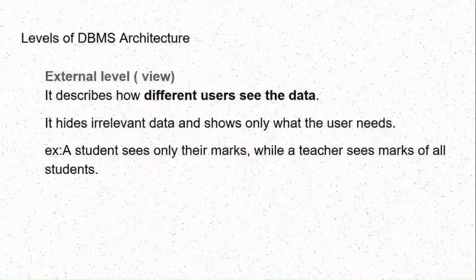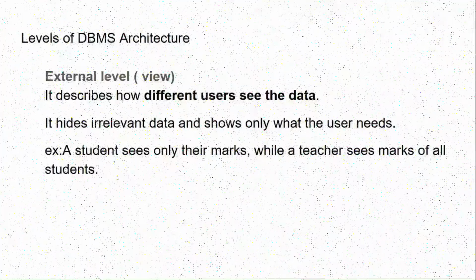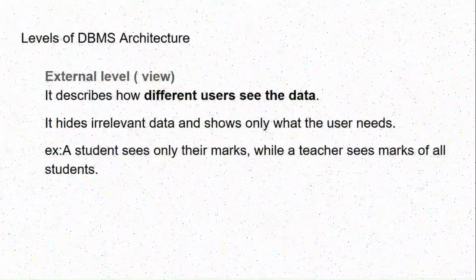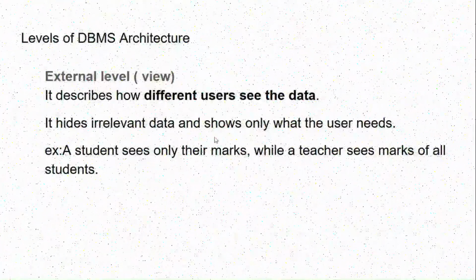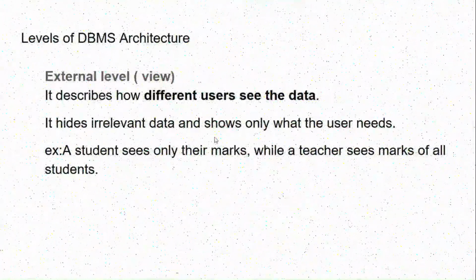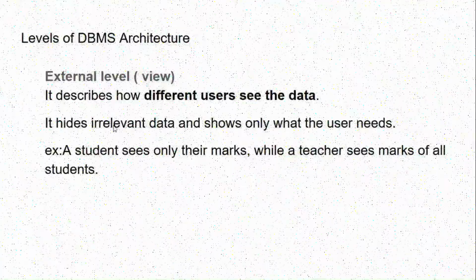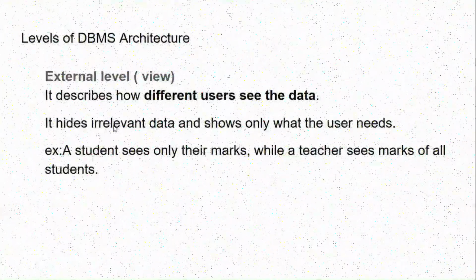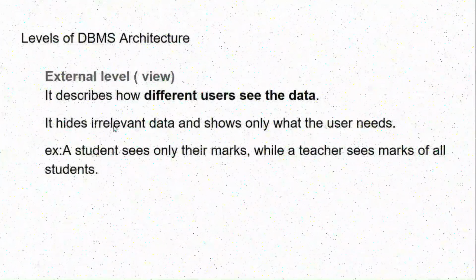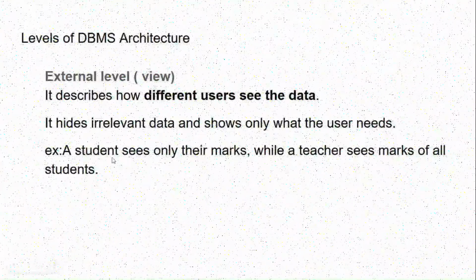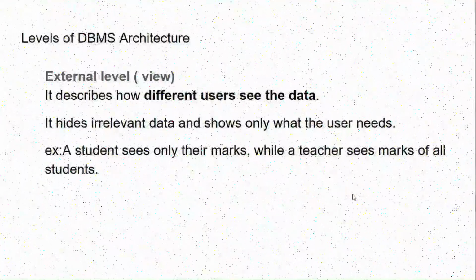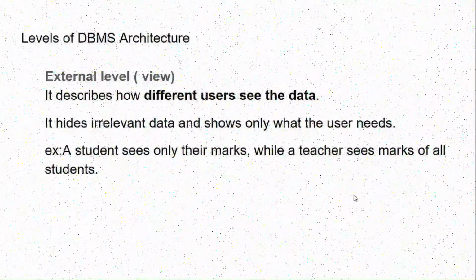If the user is a normal database user, then he might have only select access to the database. So it hides the irrelevant data and shows only what the user needs, only the data that is needed for the user. An example is a student sees only their marks, while a teacher sees the marks of all students.